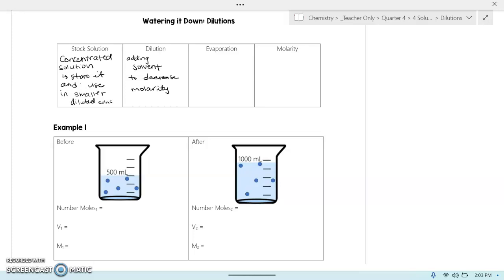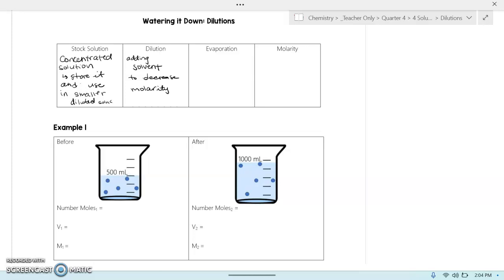Sometimes we use the word diluted metaphorically, like watering it down. You've probably heard that if there's a hard truth and you're watering it down, making it a little bit less potent. Just other ways to help you remember, a dilution is adding solvent to decrease the molarity.